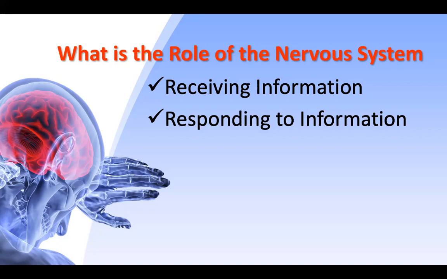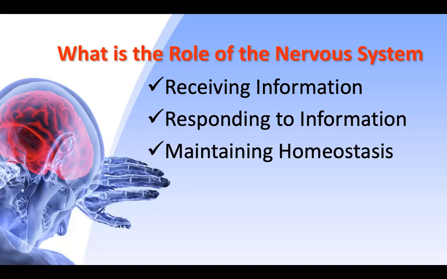A response is a reaction to a stimulus. Some nervous system responses, such as swatting a fly, are voluntary or under your control. But heart rate, breathing, sweating, and other necessary processes are involuntary responses to stimuli inside your body.